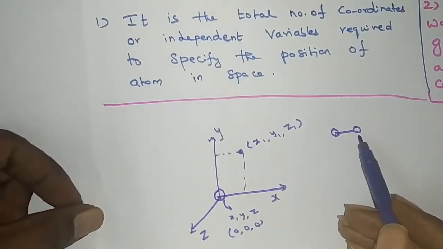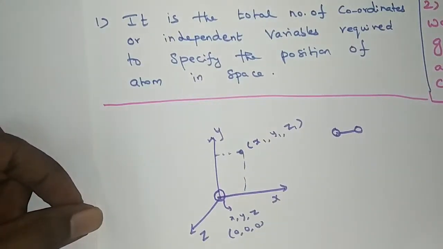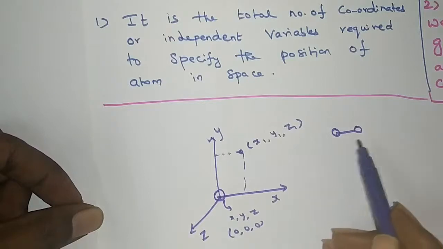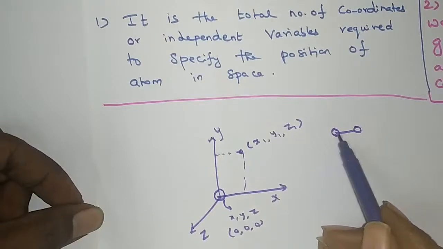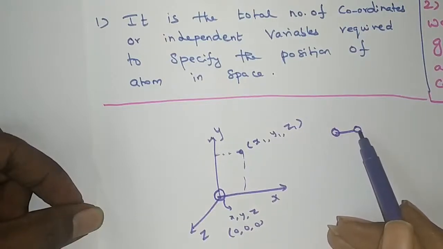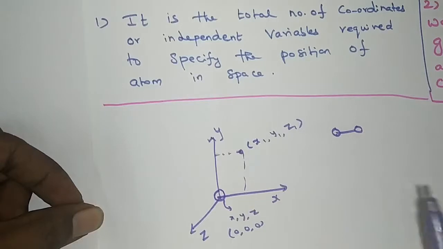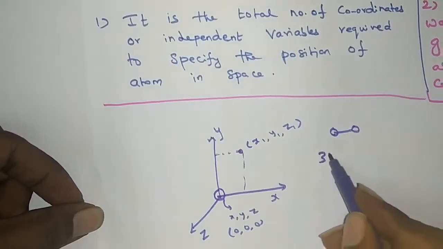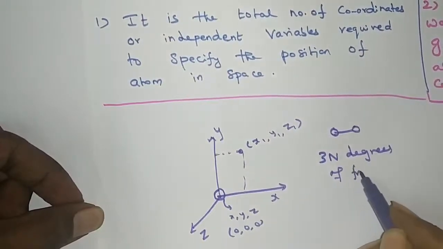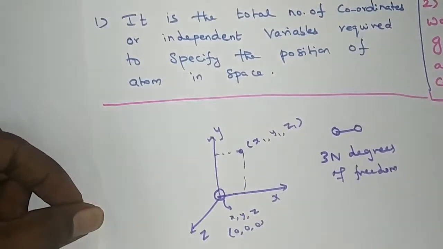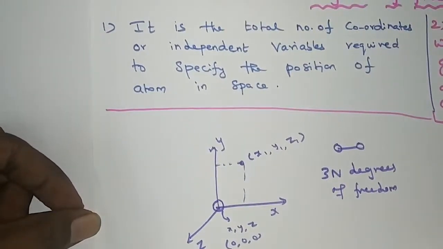And this particular atom, again, it requires 3 independent variables to describe its position. So how many degrees of freedom it has got? Here 3 and here 3. So if n number of atoms bound together to form a molecule, we require 3n degrees of freedom.